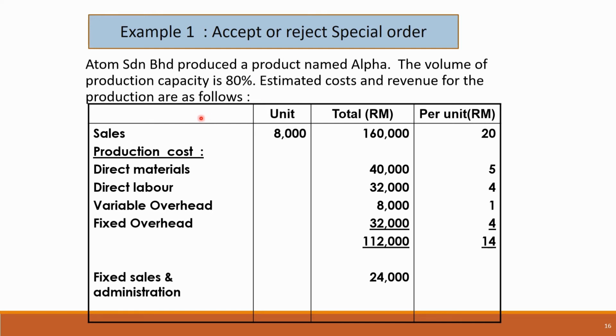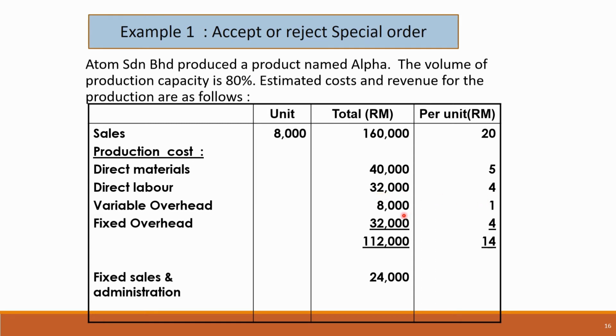So this is the detail for sales. The unit sales are 8,000. The total sales is 160,000 and the selling price per unit is 20 ringgit per unit. And this is the product cost. Direct material 40,000 and cost per unit is 5. Direct labor 32,000, cost per unit is 4.